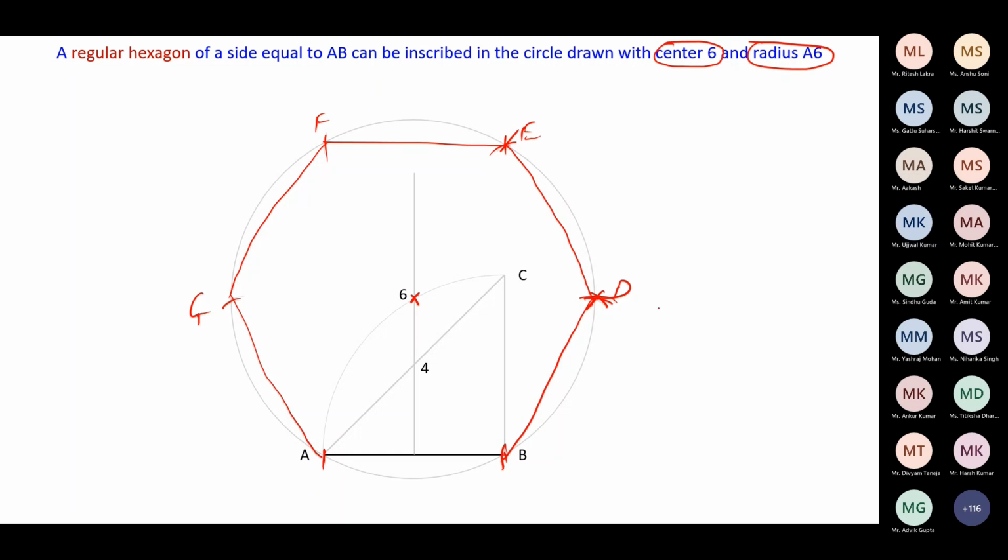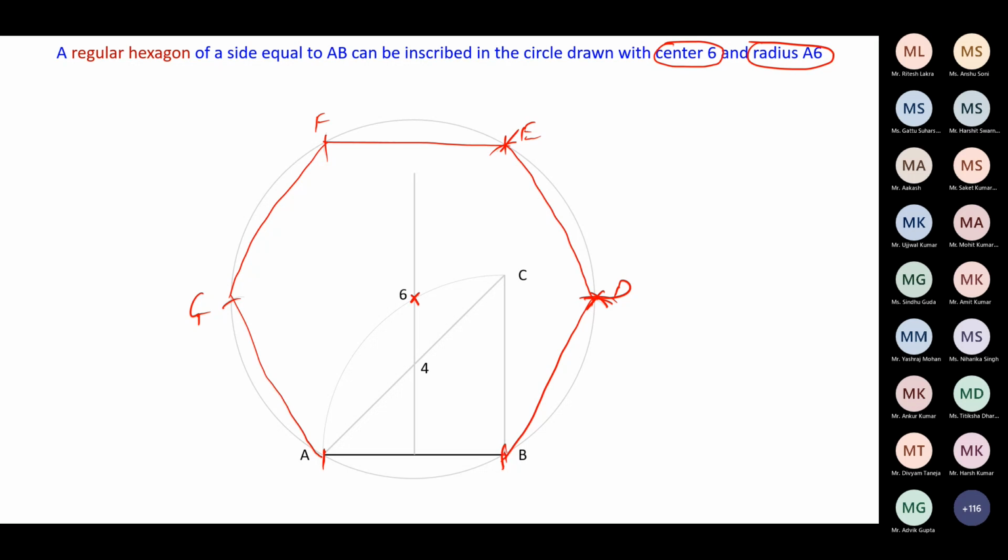Got it? Sir, here why do we have to make use of the compass? Why is 6 the center of this hexagon? Like how, mathematically, do we arrive at the fact that 6 should be the center? This is all based on geometrical construction. I do not know what the theory is behind it, but they might have done some extensive work behind it, so they have come up with this approach.